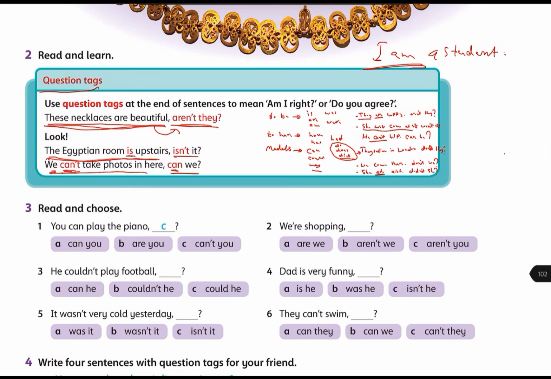We can't say am not I. It's not correct. It's totally wrong. What shall we do? We have to say aren't I? Whenever we have am I, you have to change it to aren't I. So it's just a small rule. I hope you understand it.